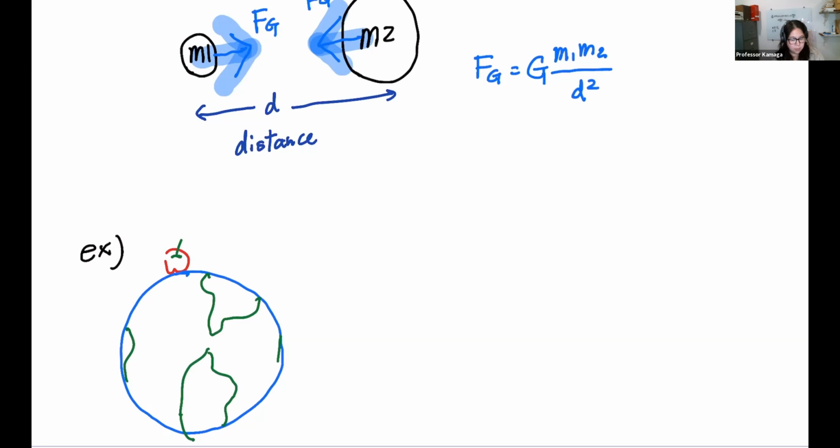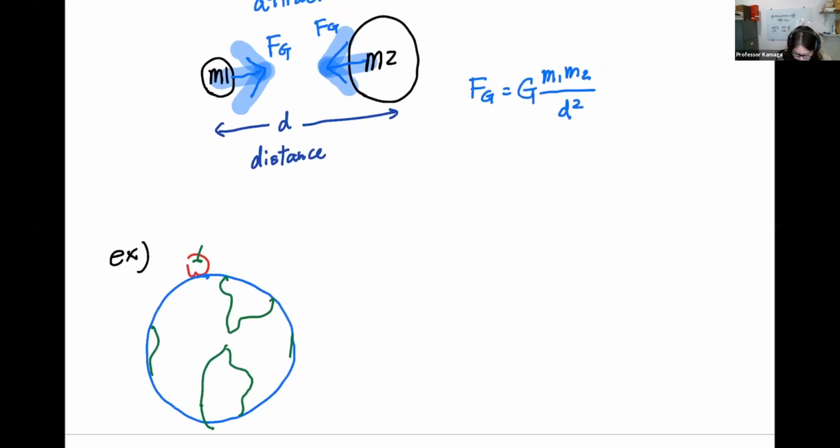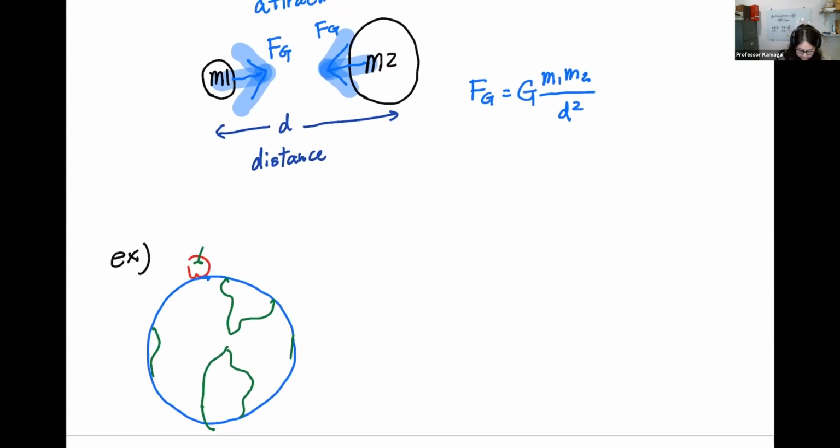Where's the apple? I thought I had an apple. So let's find the gravity. Let's apply this universal law of gravity, Fg, between the apple and Earth.